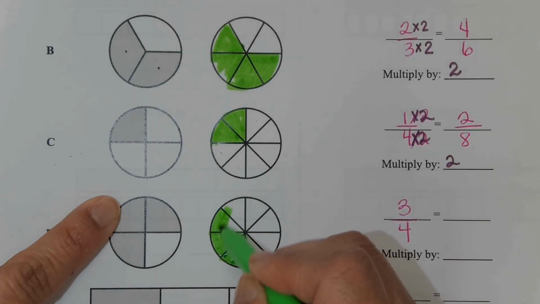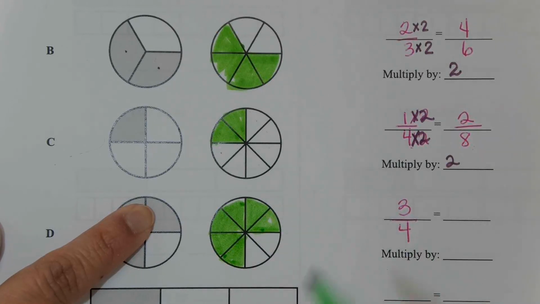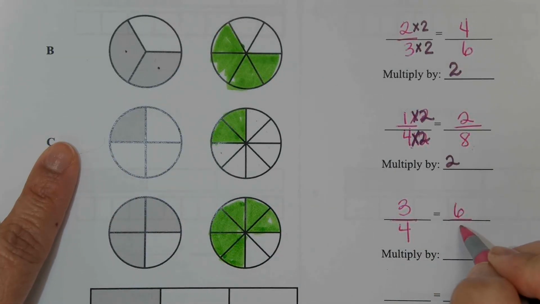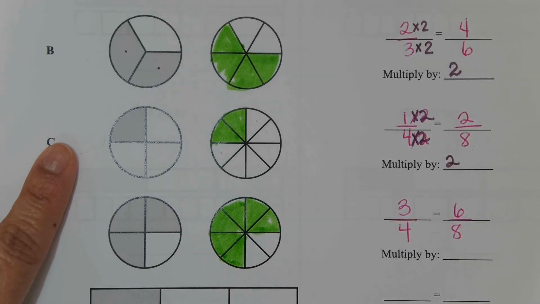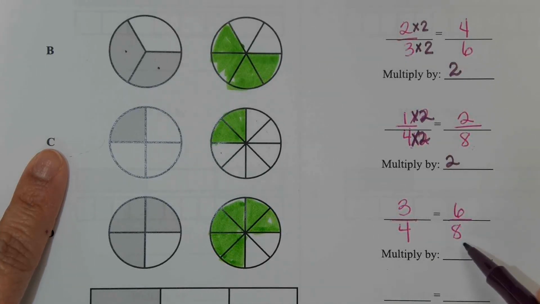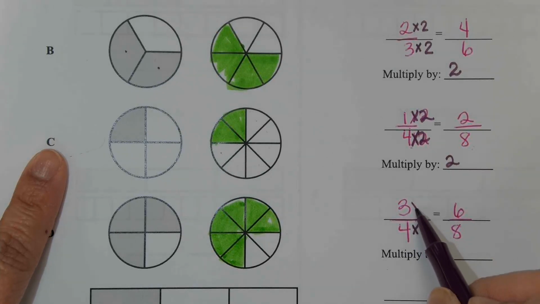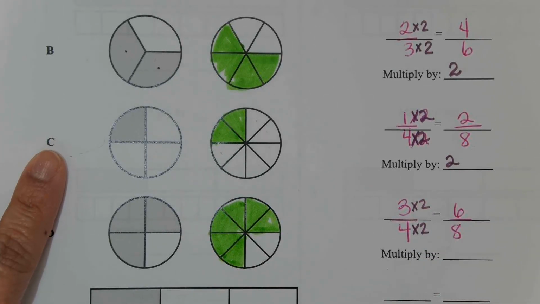For this one, I need to shade in another 2 and another 2. So I had to shade in 6 out of 8. Well, how can I do this mathematically? What can I do to my numerator and my denominator to equal 6/8? I multiply by 2. 4 times 2 is 8. 3 times 2 is 6.